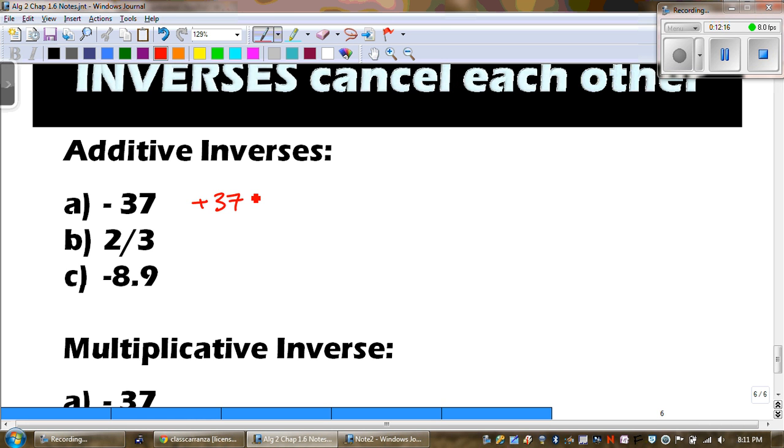If we had a positive 2/3, we'd want to do the opposite of that. So we would subtract 2/3. And then once again, if we had minus 8.9, we would want to add 8.9.